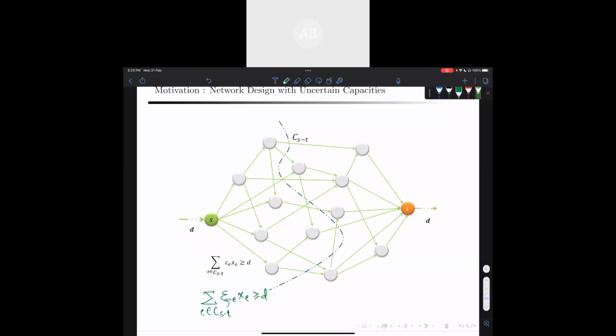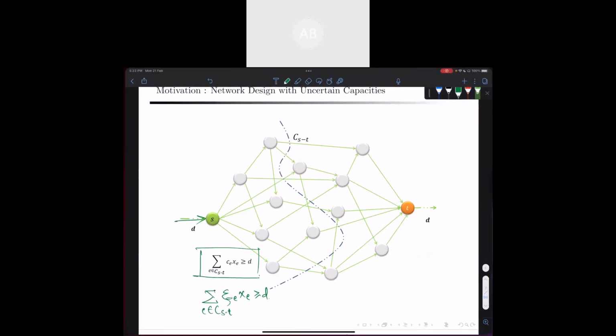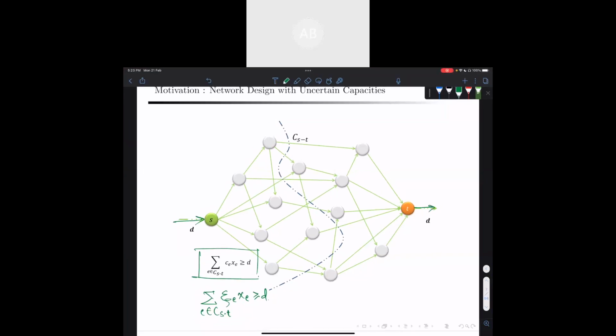Now, do you get this particular constraint? How we arrived at this constraint? If you were to send some flow from here to here, and let's say you have a partition, so let's assume that this was our partition of nodes.